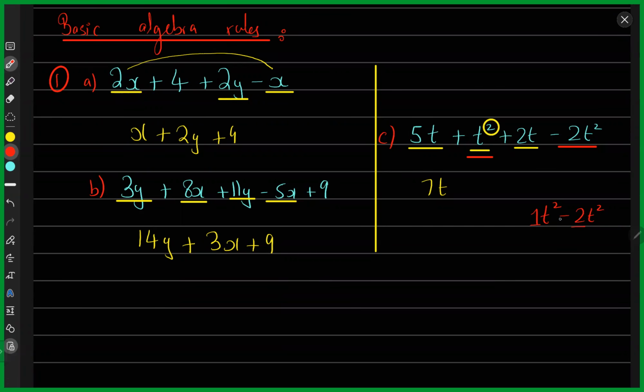We are going to subtract and the difference would be t squared. And what about the sign? The sign would basically be the negative sign because we have negative with the greater number. So it would be 7t minus t squared. Please make sure that you understand the sign thing. That's very important. Okay, well done, Taha. Very good, guys. So you know how to add and subtract like terms.